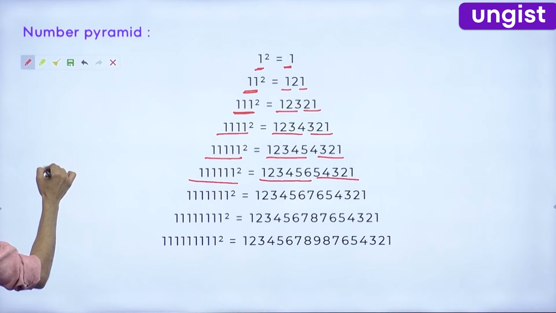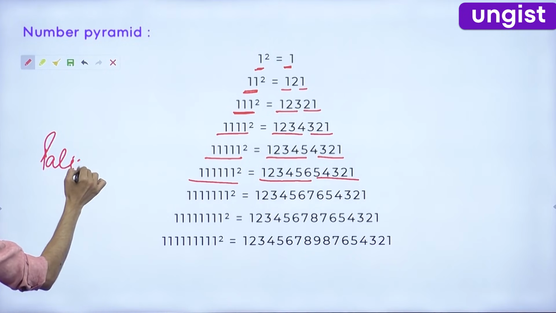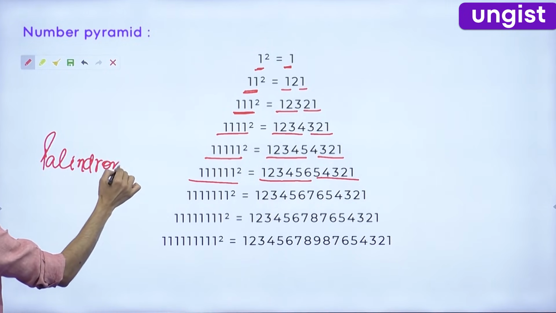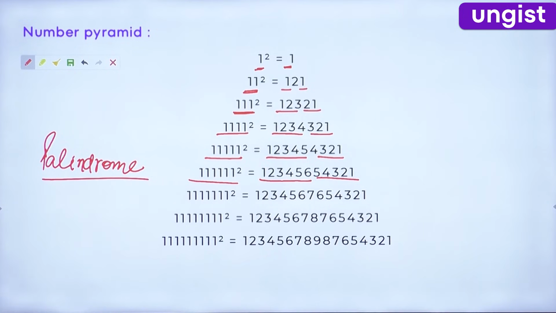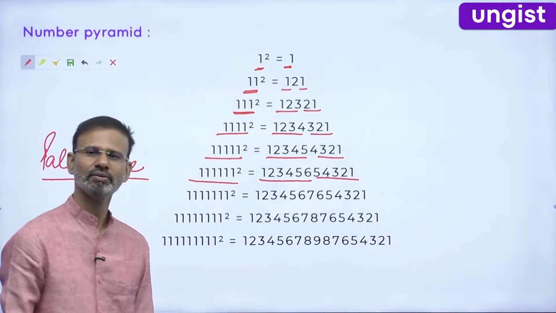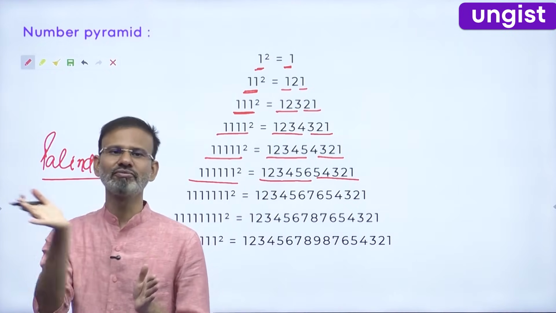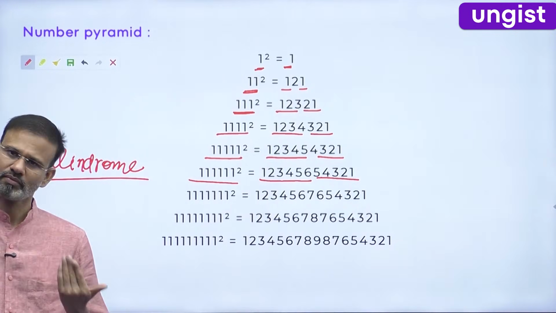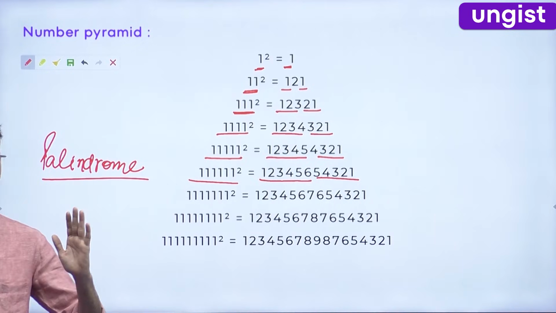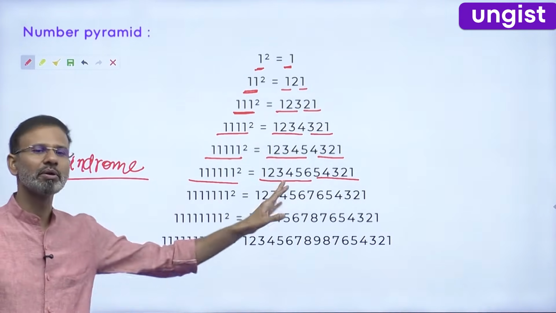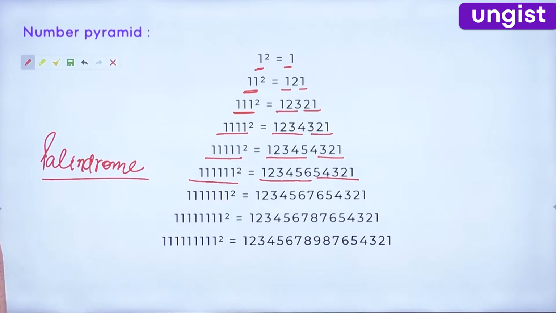Such numbers are known as what, guys? Such numbers are known as palindrome numbers, right? They are the same whether you are reading from the right hand side or the left hand side. Right, everybody?